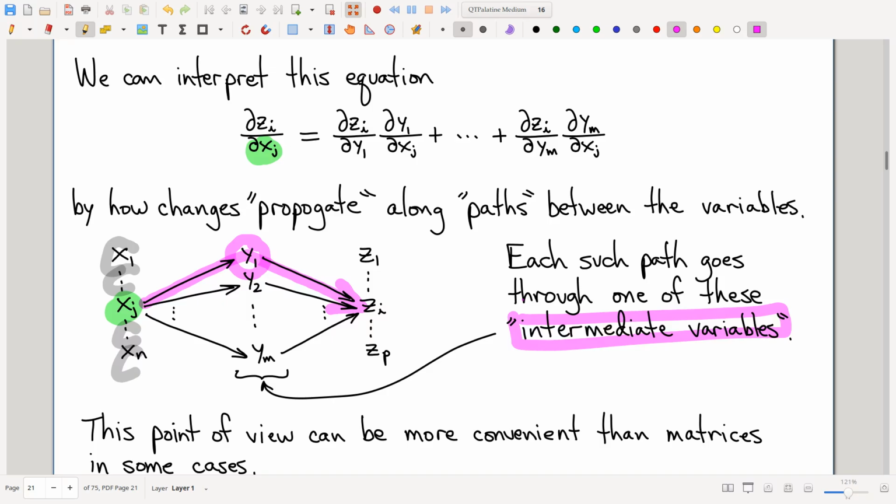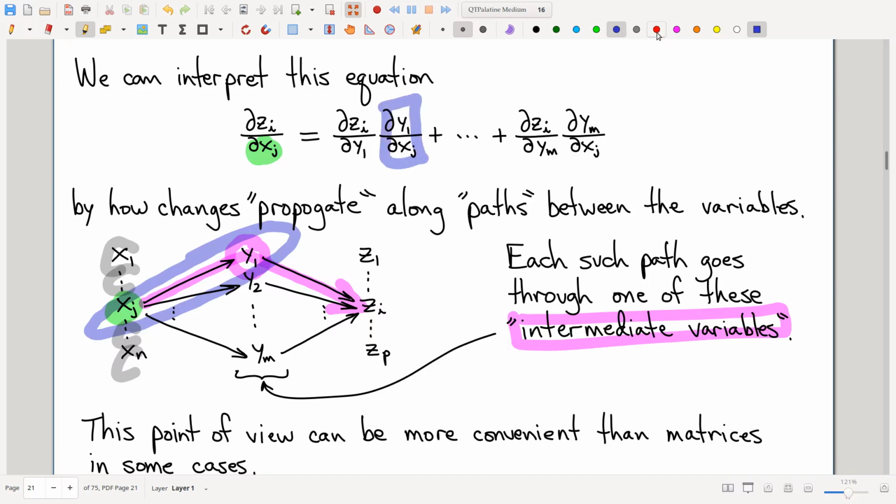And for each one of those paths, I can talk about how changes propagate along this path, given how much xj is changing, what does that mean about how much y1 changes? And given how much that changes, what does that tell me about how much zi changes? And again, we have these factors. The factor by which xj changes turn into y1 changes is that partial.